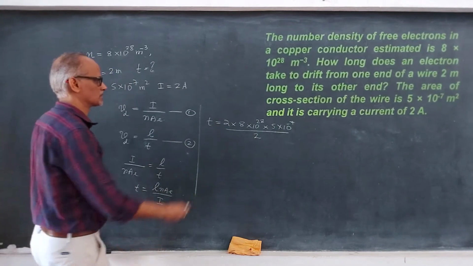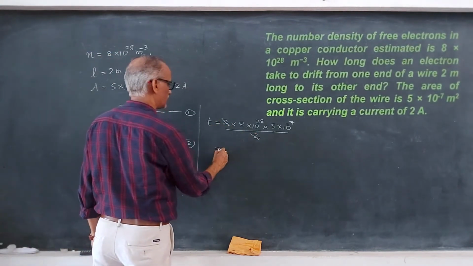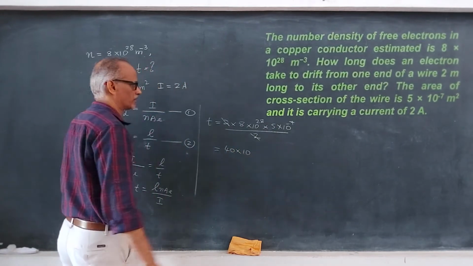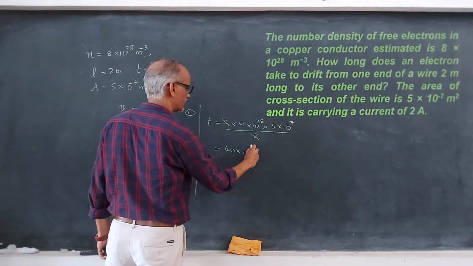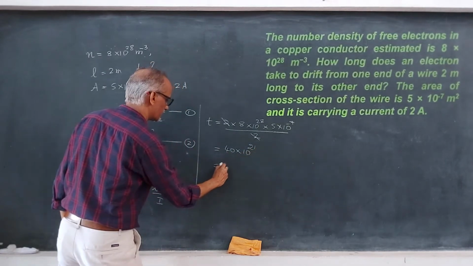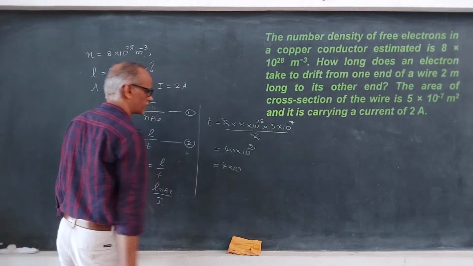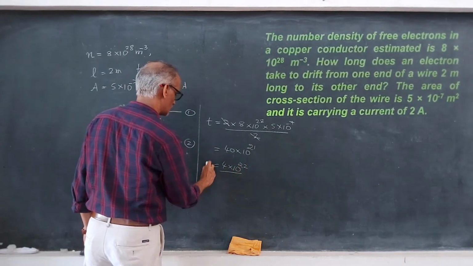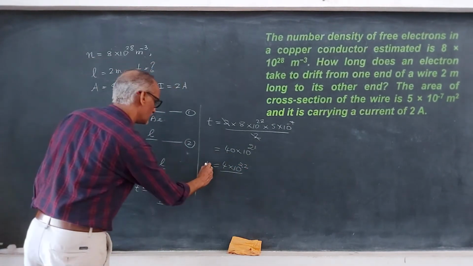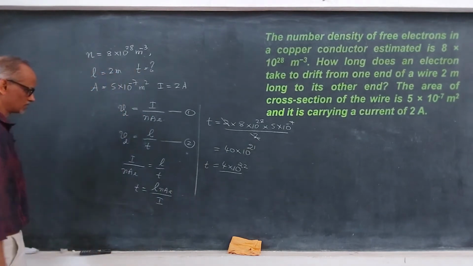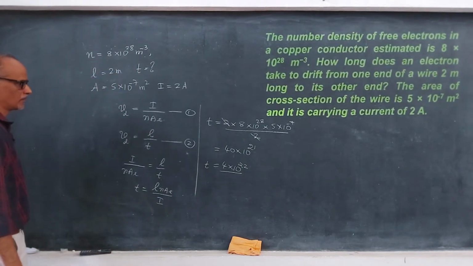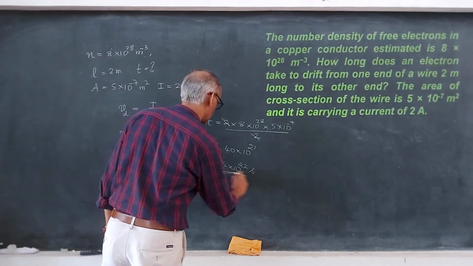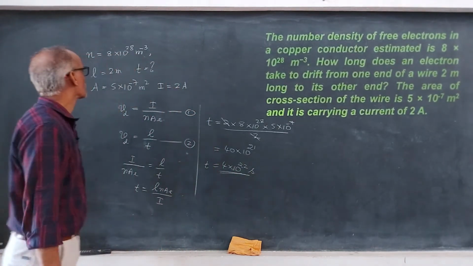So this 2 will get cancelled, and then we have 8 fives are 40 into 10 to the power 28 minus 7, which is 21. If I rearrange, I'll get 4 into 10 to the power 22. So time taken t is equal to 4 into 10 to the power 22 seconds.